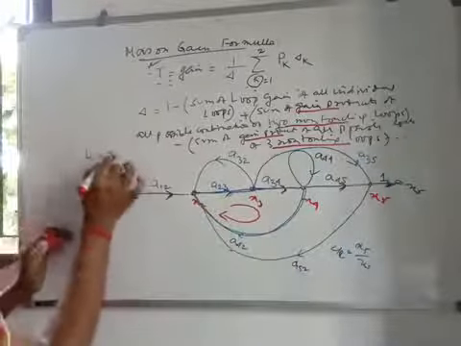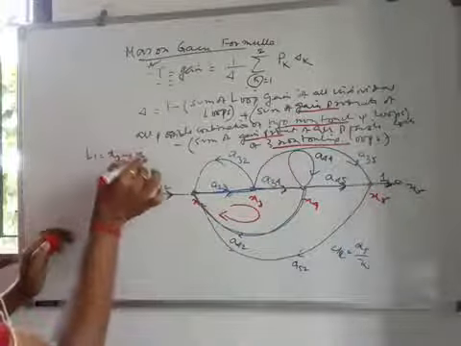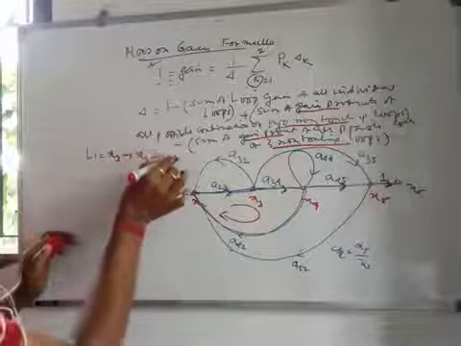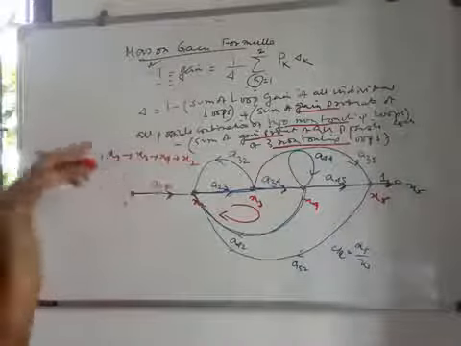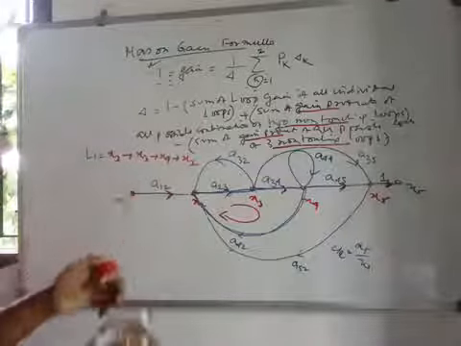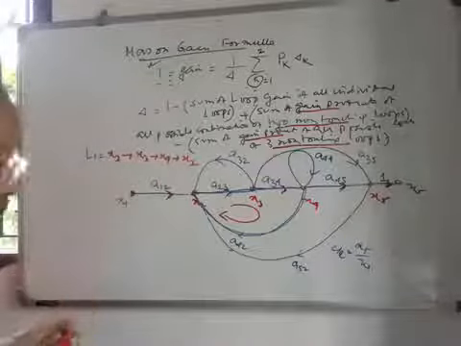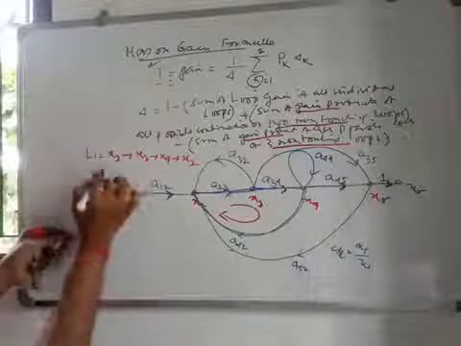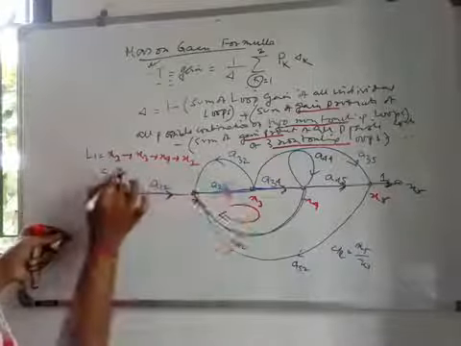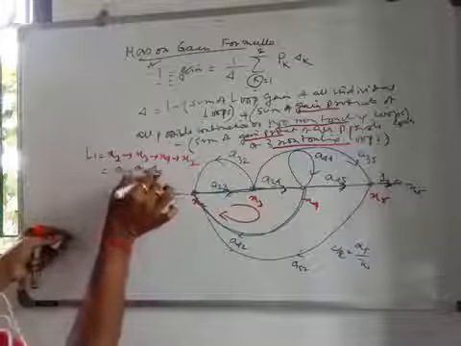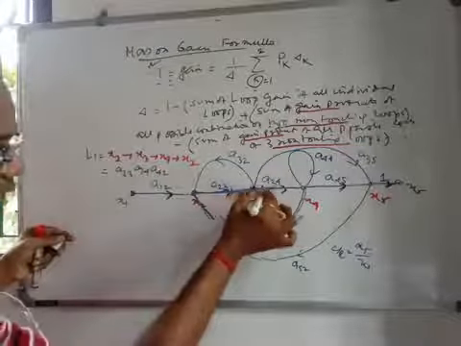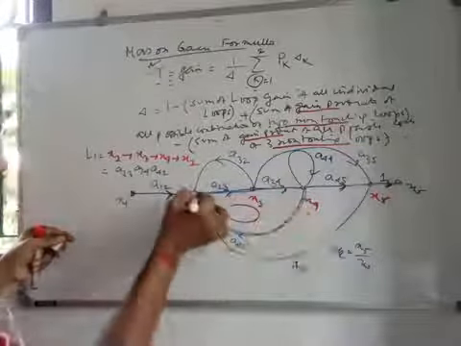That means x2 to x3 to x4 to x2 back. What is the loop gain? You can write the loop gain as a23 into a34 into a42.